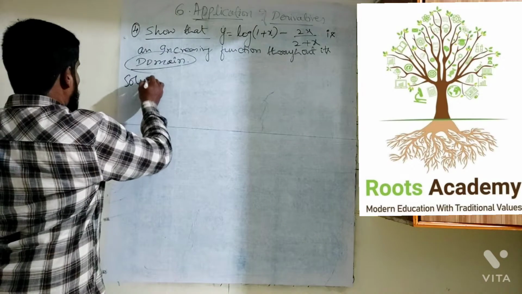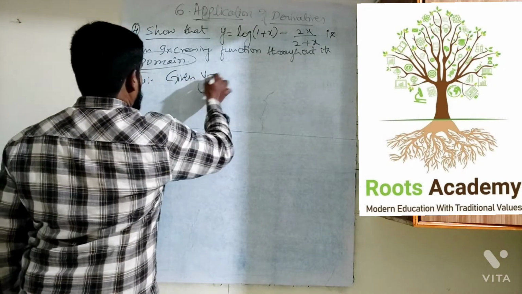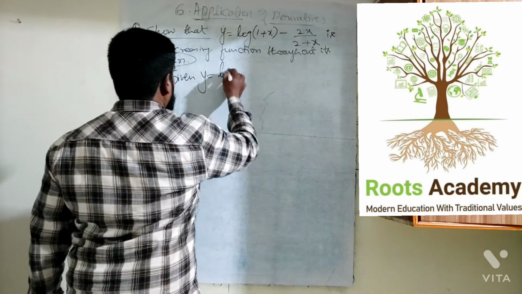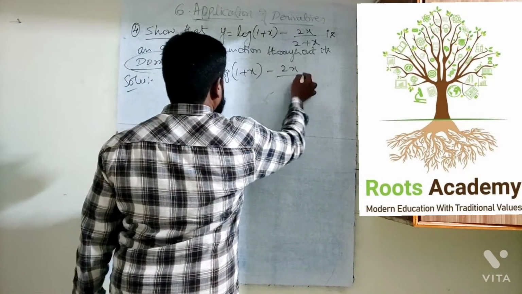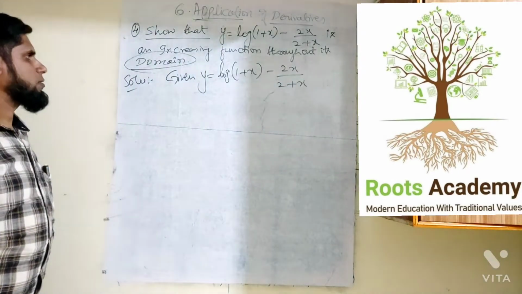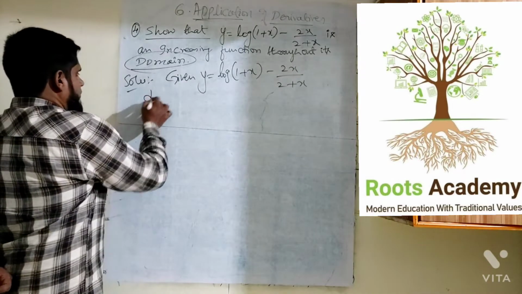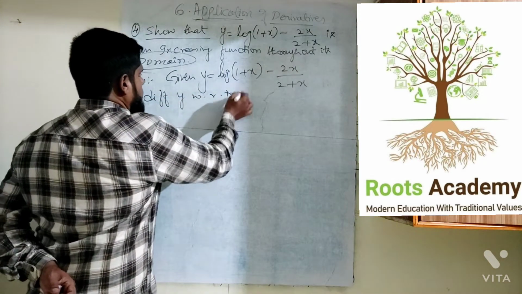Solution. Given y is equals to log of 1 plus x minus 2x divided by 2 plus x. Differentiate y with respect to x.